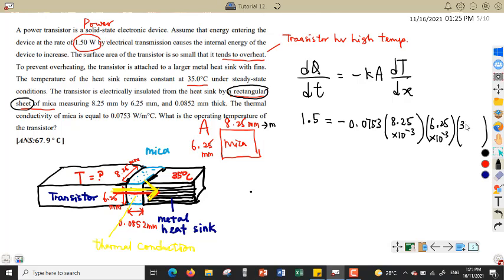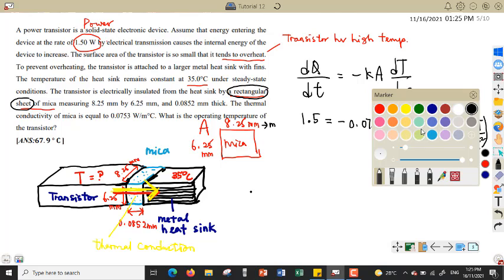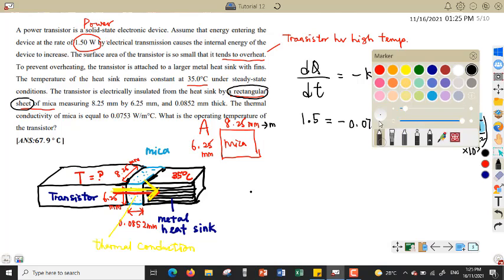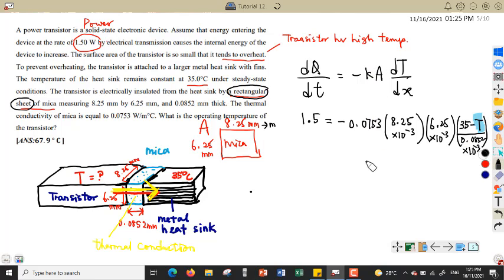So we have 35 minus the temperature of the transistor, over the thickness of the nickel, because the difference of the two temperatures is across the nickel. The thickness is 0.0852 times 10 to the power of negative 3. So we are left with the temperature that we need to calculate. Only the mathematics remains, we will solve it and then we will get the value of the temperature for the transistor.